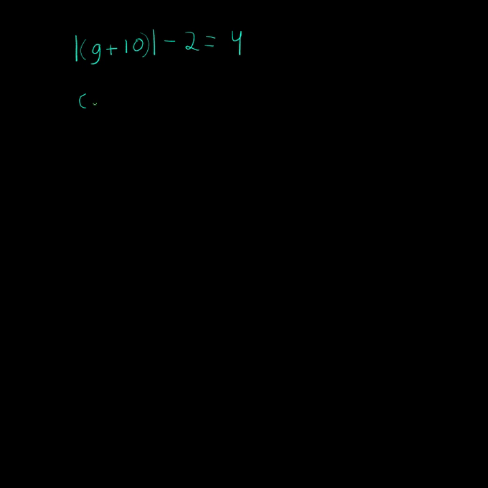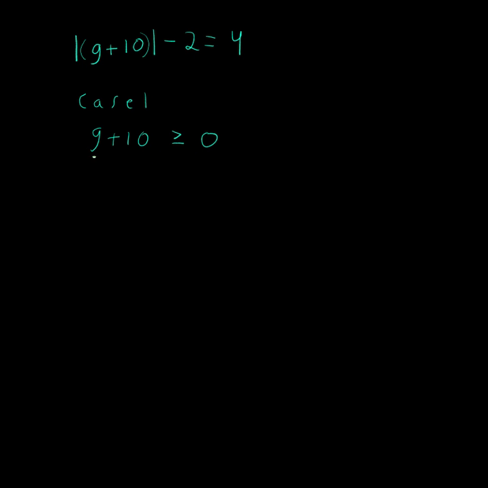So let's say case 1, g plus 10 is greater than or equal to 0. One thing, I said positive, but I really should have just said greater than or equal to 0. That's more clear. Positive doesn't really capture 0 like we want it to.